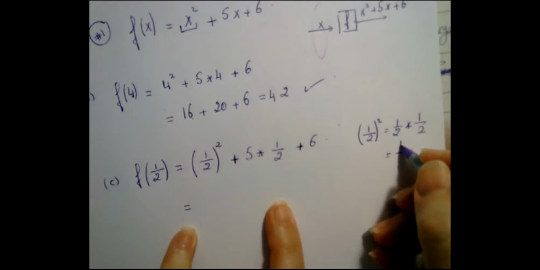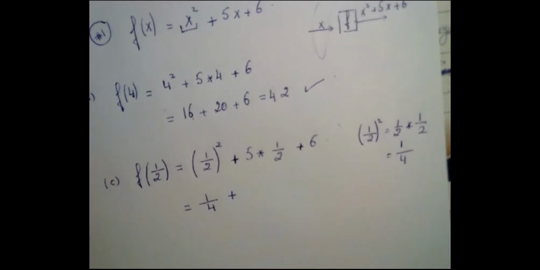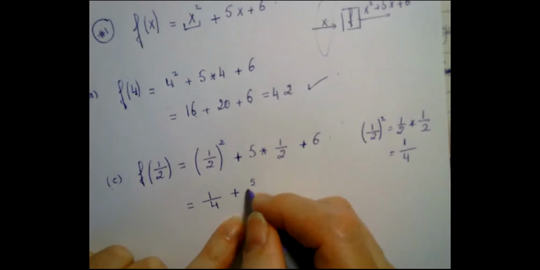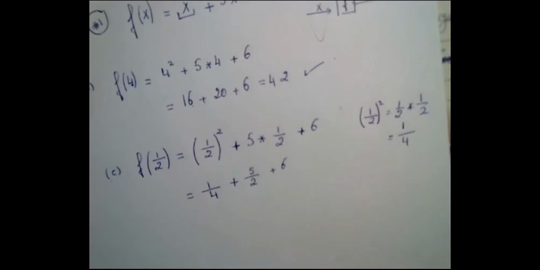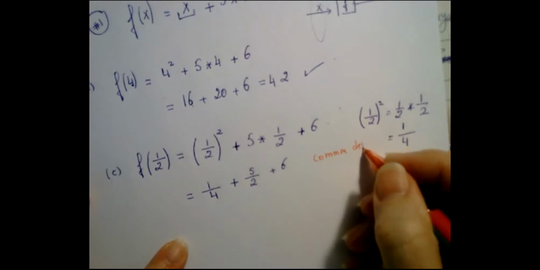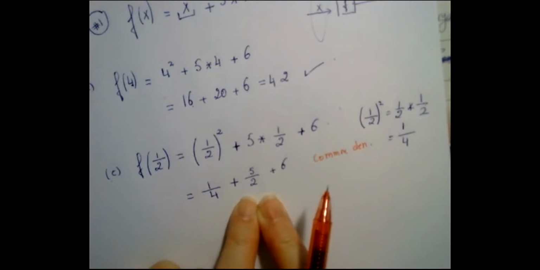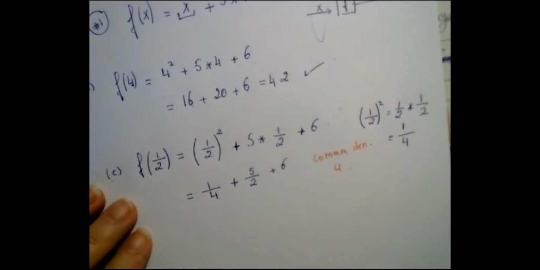You multiply the numerators, you multiply the denominators. This is 1/4. Plus 5 times a half means a half plus a half plus a half plus a half plus a half, 5 times. It means 5/2 plus 6. Now we're going to find a common denominator, a number that's a multiple of 4 and a multiple of 2 at the same time. So the common denominator is 4. Let's do that.